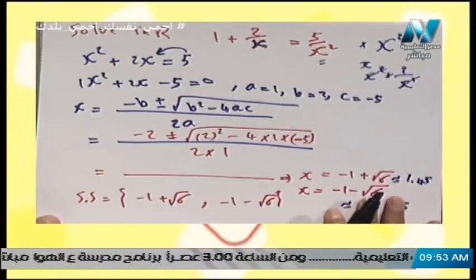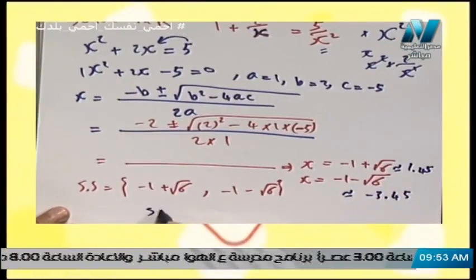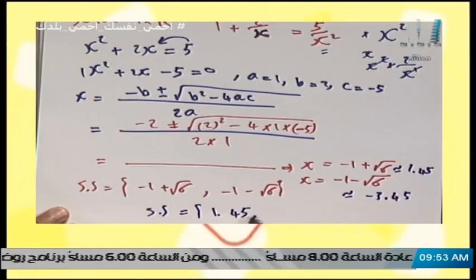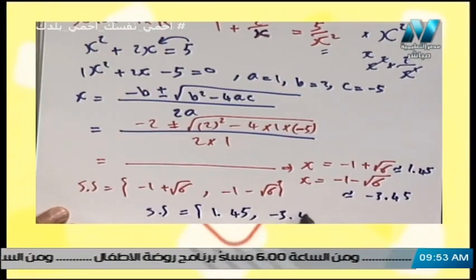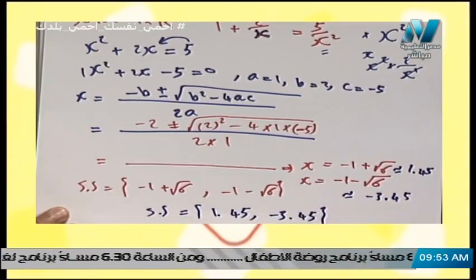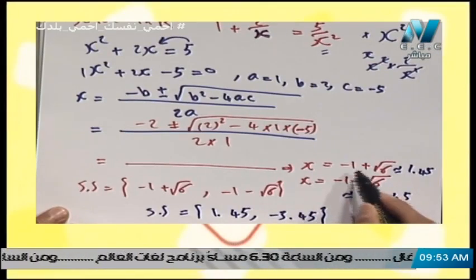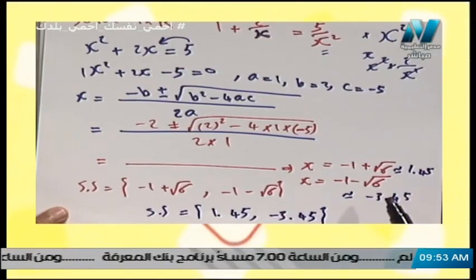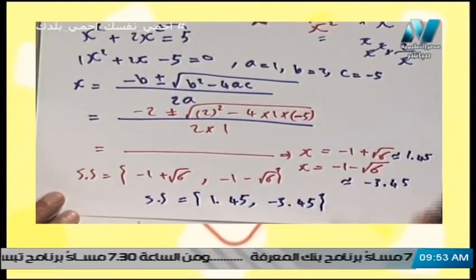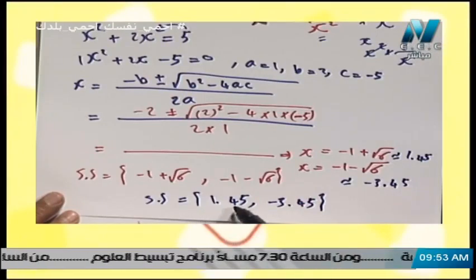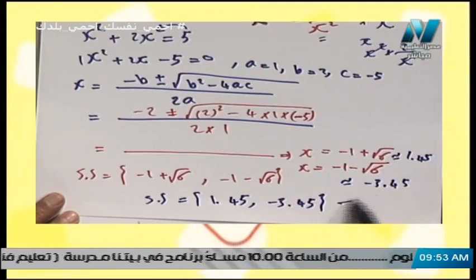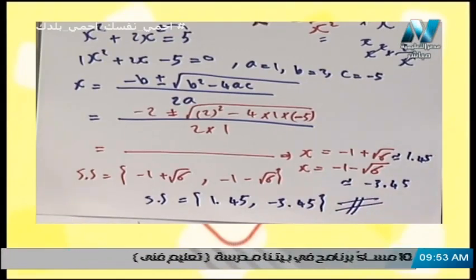So we can write the solution set as 1.45 and -3.45, and the two roots will be -1 plus root 6 and -1 minus root 6, or we can say that the two roots are 1.45 and -3.45, and so we have the solution set of this equation.